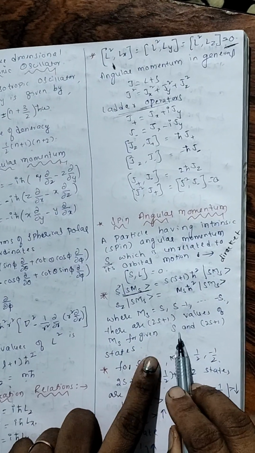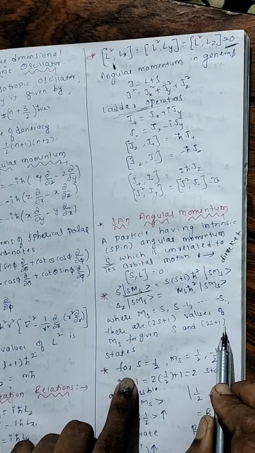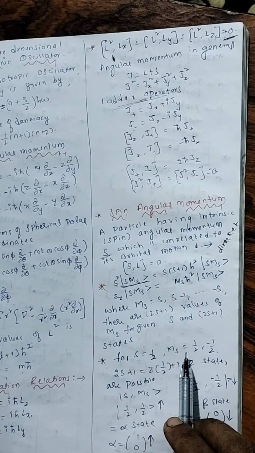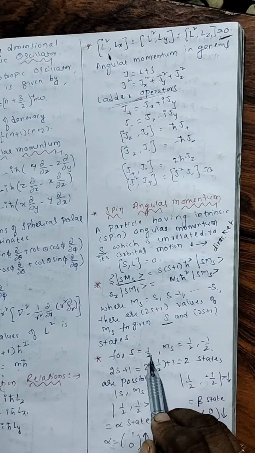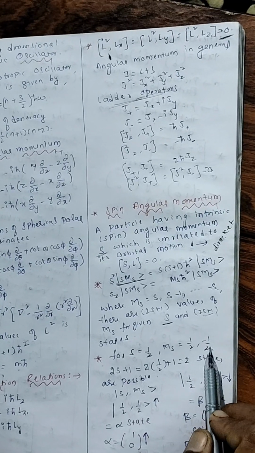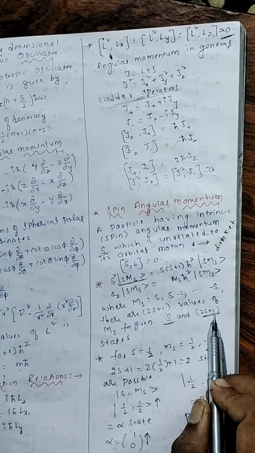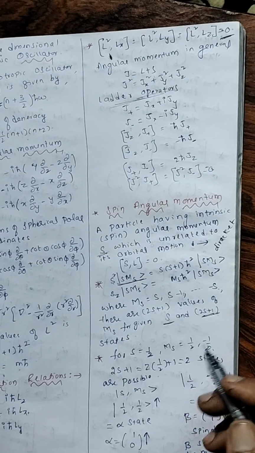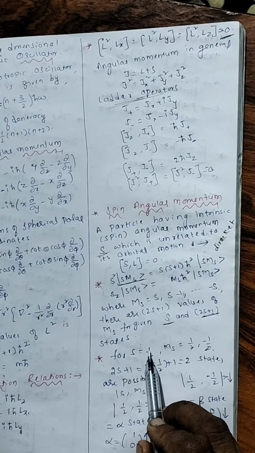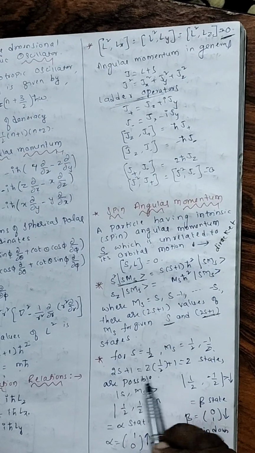Now Ms for S and 2S plus 1 states. For example, if S is equal to 1 by 2, Ms values are 1 by 2 and minus 1 by 2. Now let us take this possibility, the number of states, 2S plus 1. In place of S, I am substituting 1 by 2, so 2 times 1 by 2 plus 1 is equal to 2.